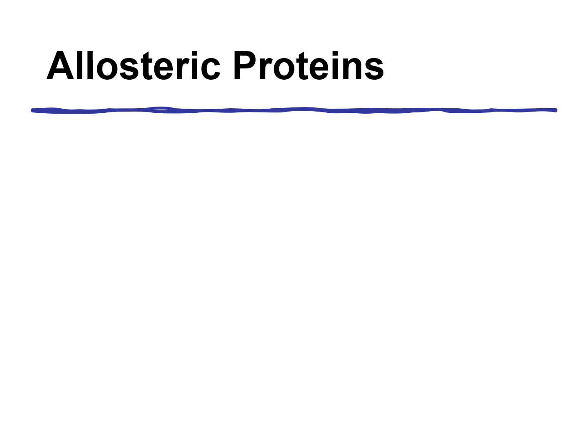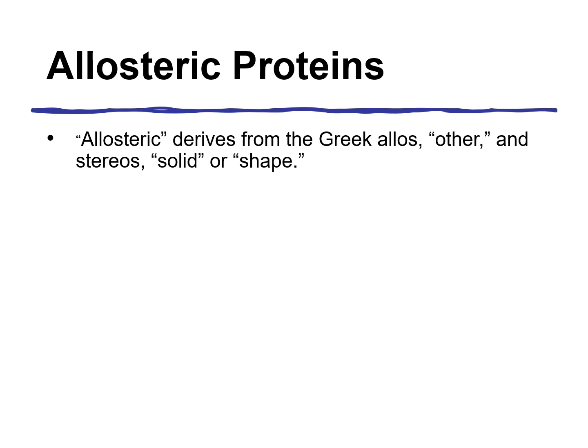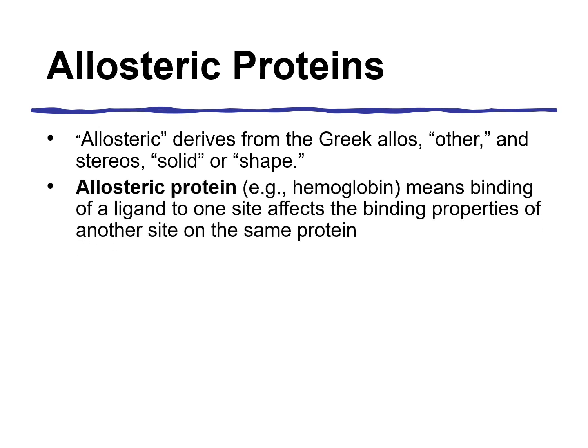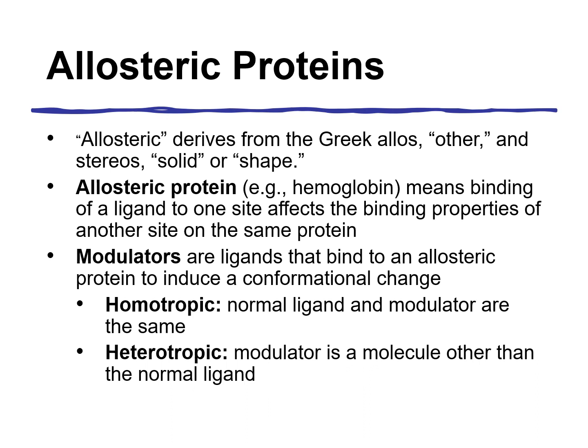Allosteric proteins are things like hemoglobin. Derived from the Greek, we have allos, other, stereos, shape, meaning shape-shifting or other shapes, conformational changes. An allosteric protein such as hemoglobin means that the binding of ligand to one site affects the binding properties of another site on the same protein. Modulators are ligands.